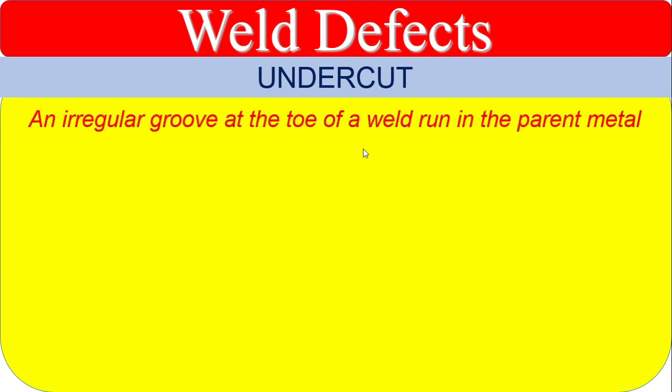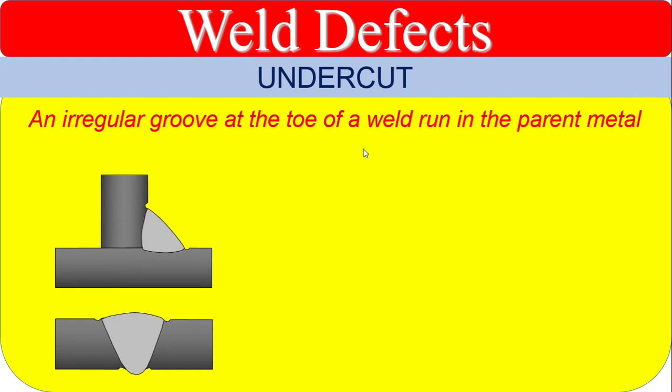What is undercut? An irregular groove at the toe of a weld run in the parent metal. You understand, these are two joints: one is the fillet joint, another is the groove joint. What does irregular groove mean? At the toe, it is coming downside, meaning the parent metal has already been melted.